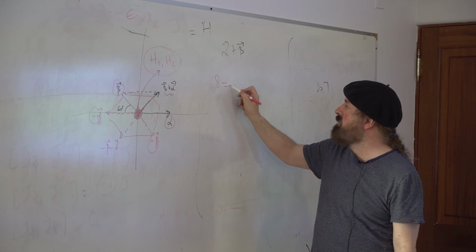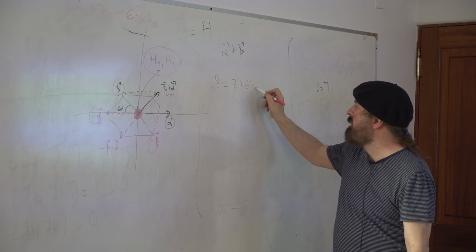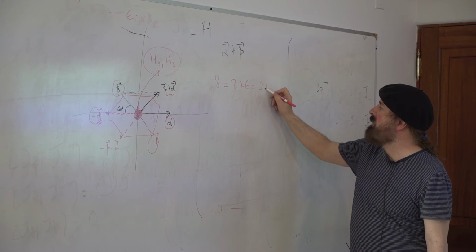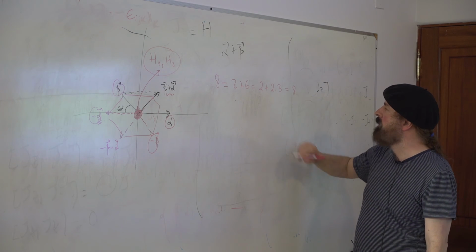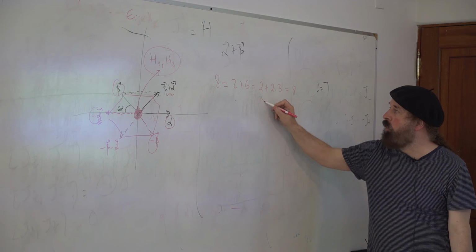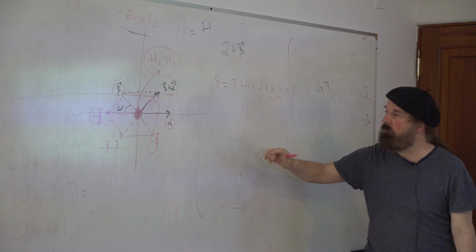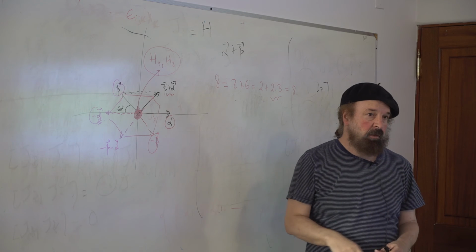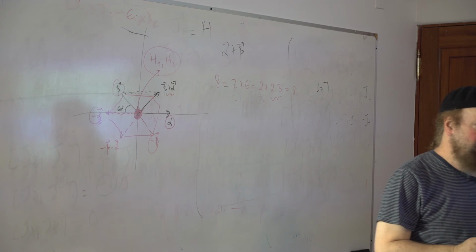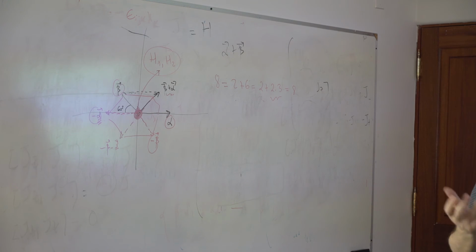Because I have two copies of 3 roots: you have 3 roots, plus the Weyl reflections, the mirror image makes another 3, and you have the Cartan generators. 6 plus 2 is 8.